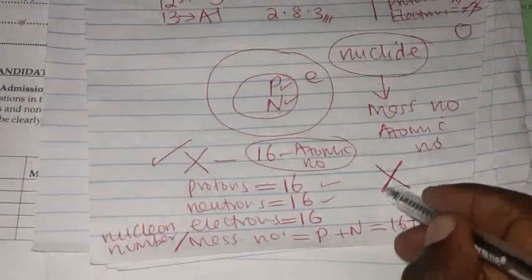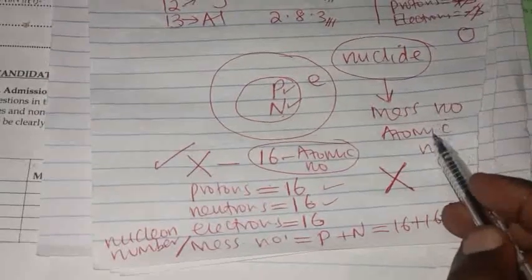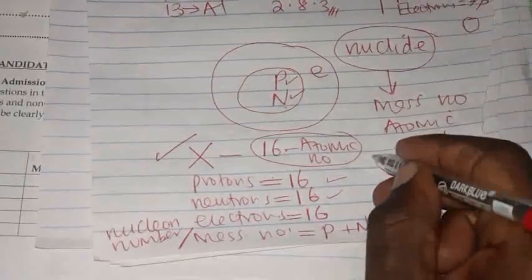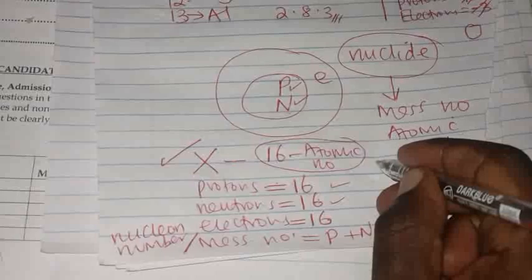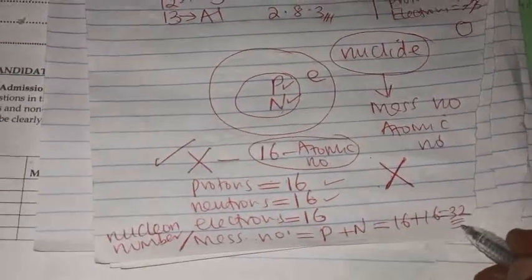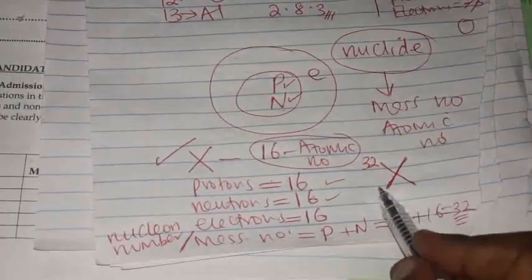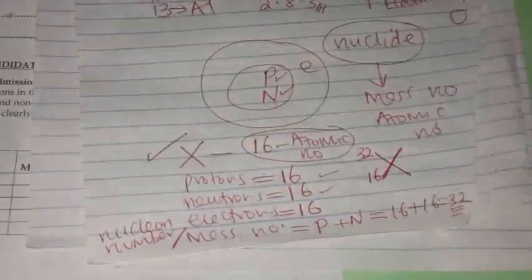But here, to represent a particular nuclide, I'm going to use the mass number and the atomic number. Mass number is written as a superscript. And in this case, X has a mass number of 32, so I'm going to write here 32. Then I'm going to put here the atomic number written as a subscript, which is 16.